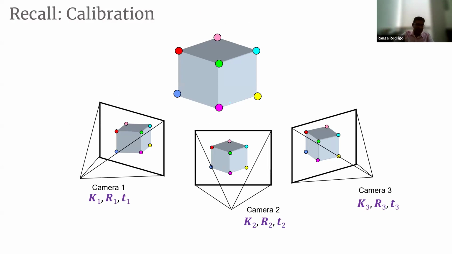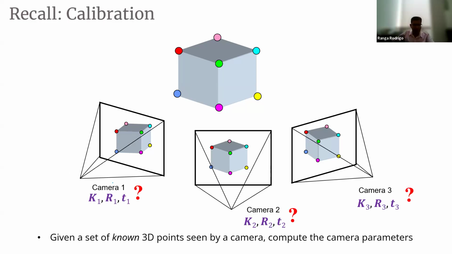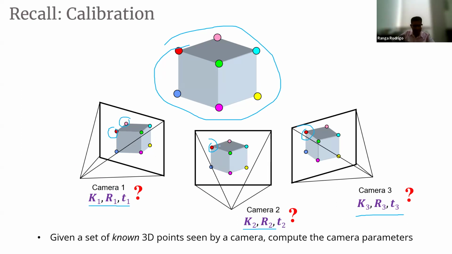Let's recall calibration. Camera 1, camera 2, and camera 3 are there. We do not know K1, R1, T1, K2, R2, T2, K3, R3, T3. But what we know is there is this scene with many points, and we have found these point matches. All the red points are matching, and all the pink points are matching.